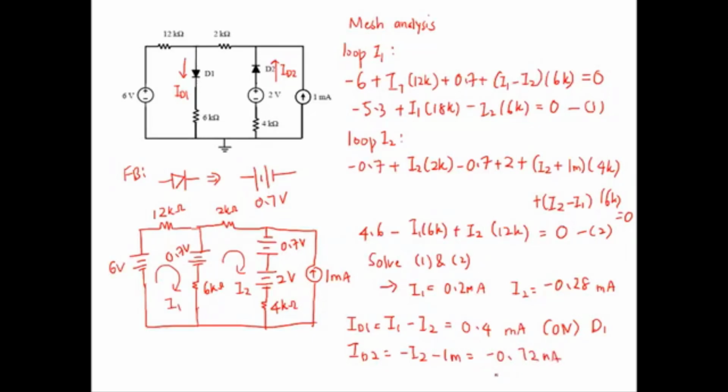The polarity of the current is negative, which means the actual direction is opposite of the drawn direction. So our assumption is incorrect, and the diode is off. So the answer is diode 1 is on and diode 2 is off.